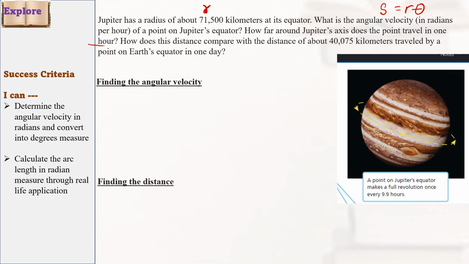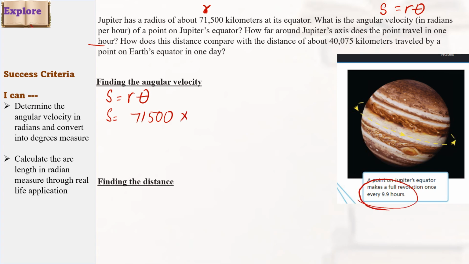So find the angular velocity. So S equals r theta. So S equals, what is r? r I know, 71,500 kilometers, multiplied by one rotation in how many hours?